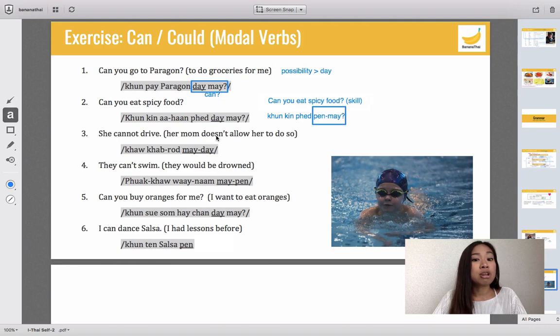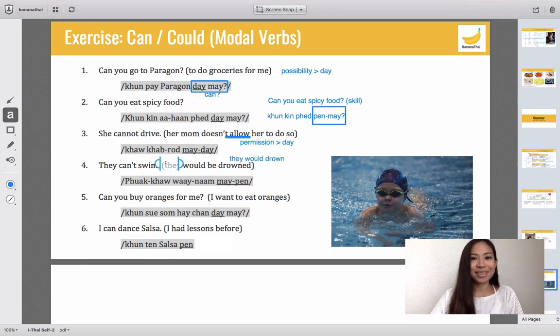The next one: she cannot drive because her mom doesn't allow her to do so. This one is permission, so definitely ได้. She cannot drive: เขาขับรถไม่ได้, negative. Next one: they can't swim.